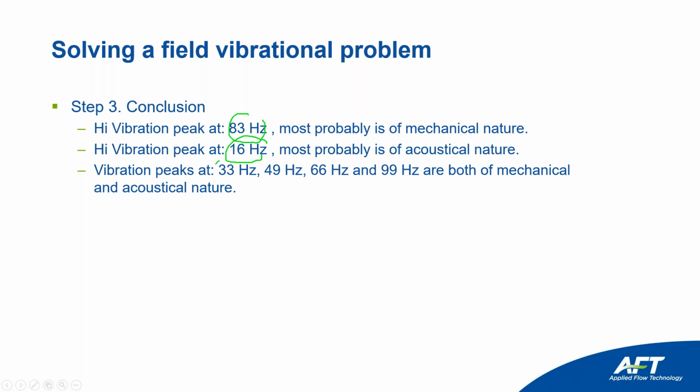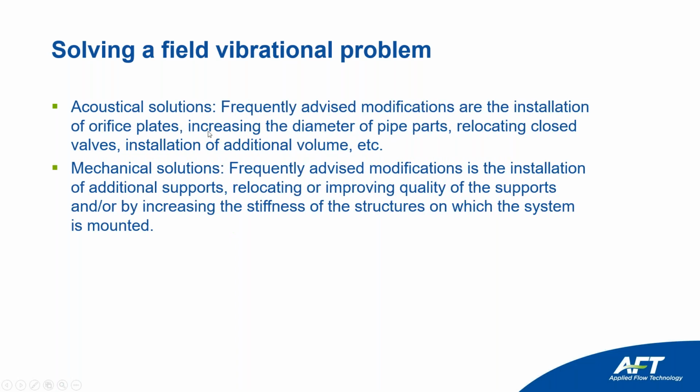And the vibrations at 33, 66 and 99 are both of mechanical and acoustical nature. So once we detect whether we have a problem of acoustical nature or mechanical nature, then we proceed to do an acoustical solution or a mechanical solution.